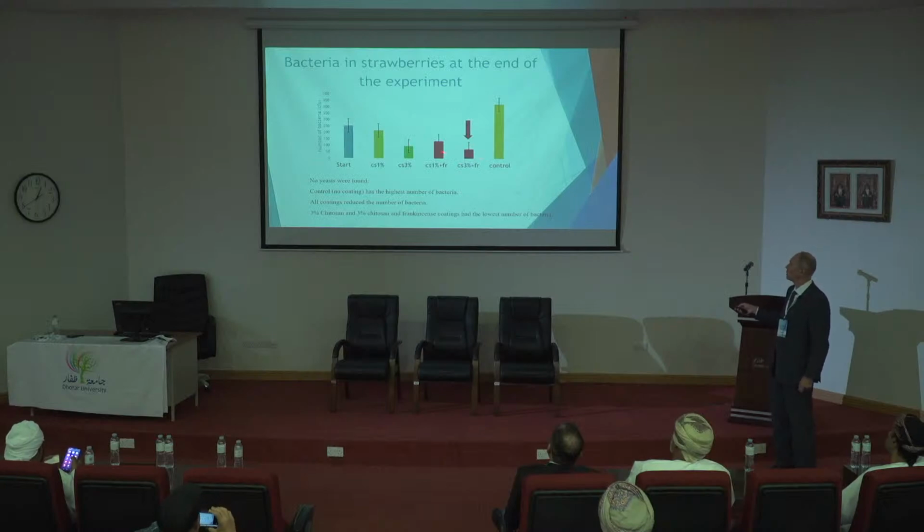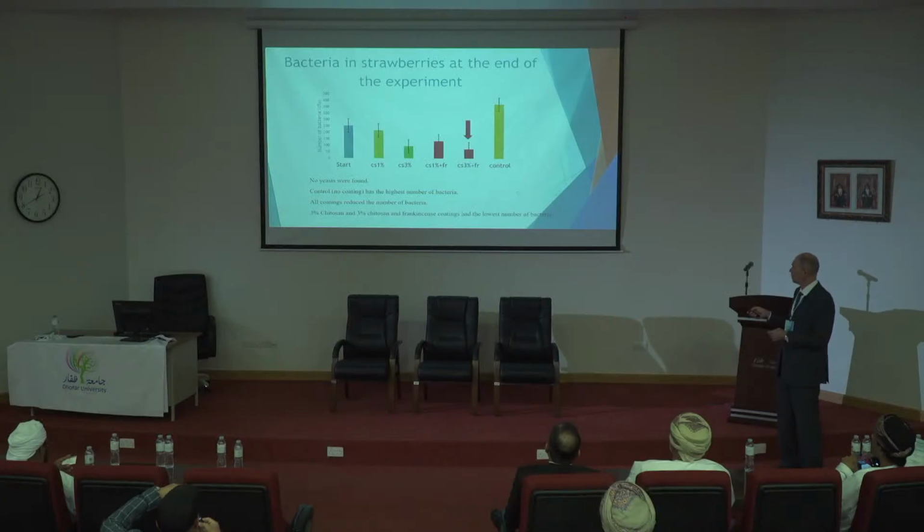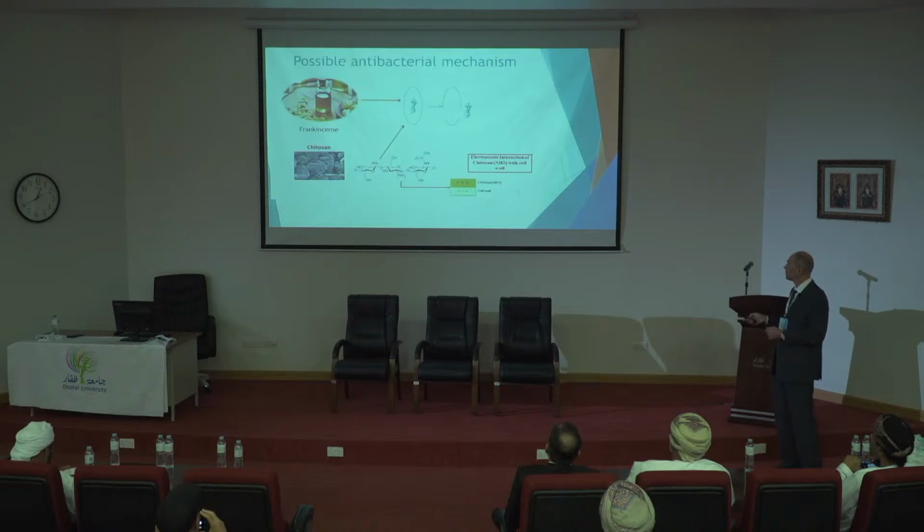And the lowest number of bacteria was recorded for the chitosan and frankincense coatings, 3% chitosan plus 0.05% of frankincense. So this shows that the chitosan and chitosan frankincense coatings are good for the inhibition of bacterial growth. And I forgot to mention that we couldn't find any yeasts in our experiment.